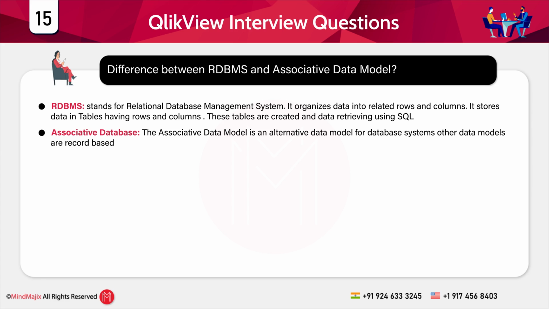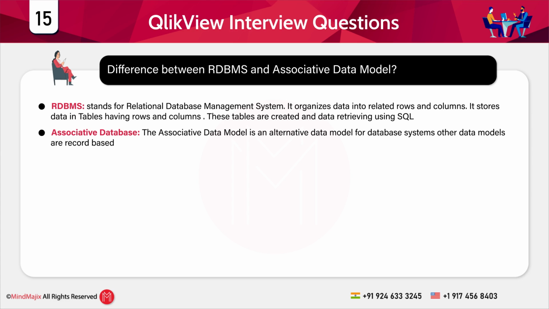RDBMS contains master and transaction tables. They are joined with each other, and they are normally used as the backend of any transaction database or any transaction system. Whereas the associative data model is mostly used for analytics.